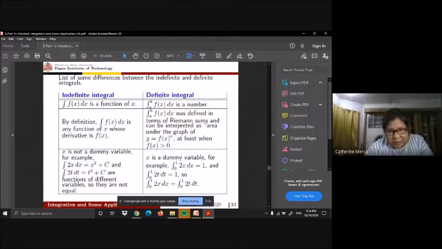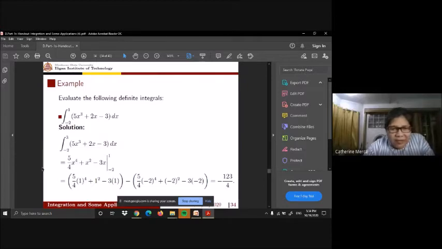For example, the integral from 0 to 1 of 2x dx equals 1, and the integral from 0 to 1 of 2t dt equals 1, because it has a finite value. So x and dx are just dummy here. But in the indefinite integral, it is not a dummy.